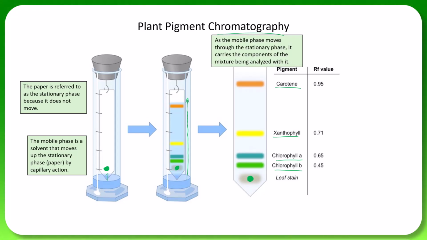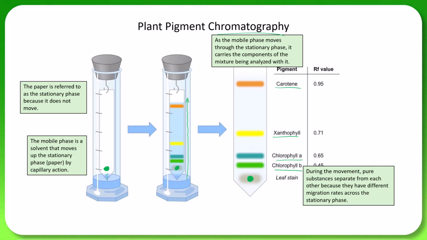As the mobile phase moves through the stationary phase, it carries the components of the mixture being analyzed with it. Again, the components of the mixture are all of these pigments that all exist in the plant extract while it is one uniform solution, but as it moves, they do separate.